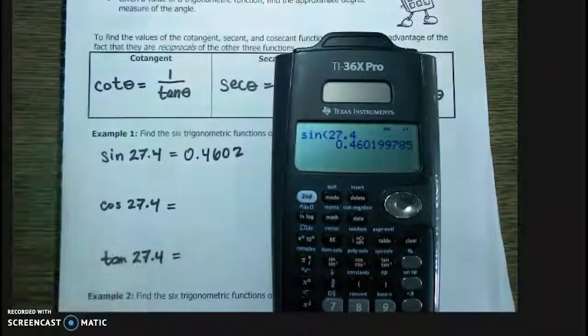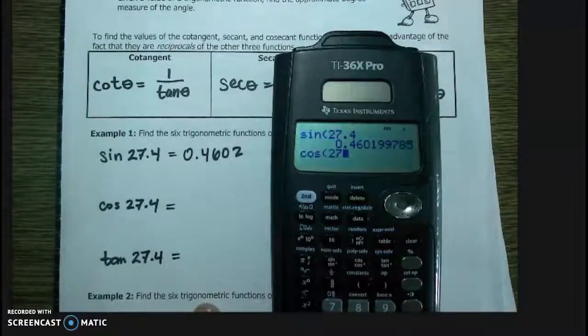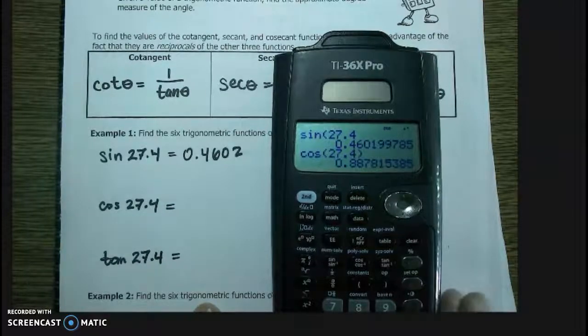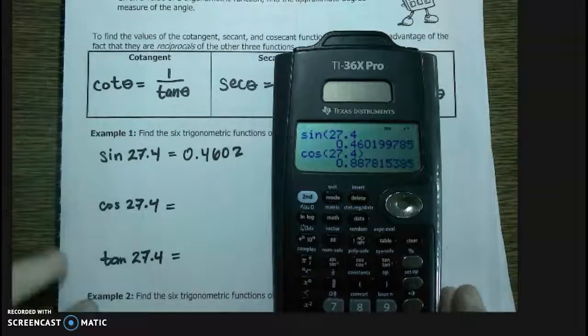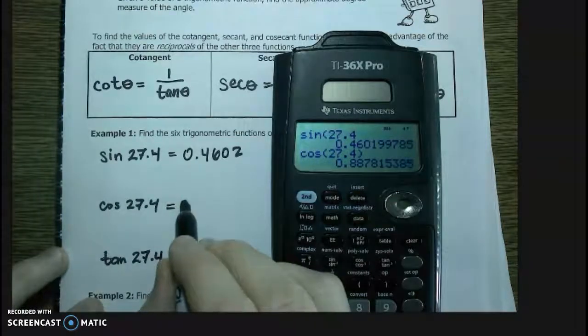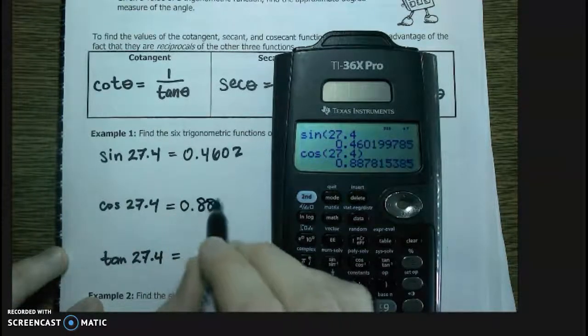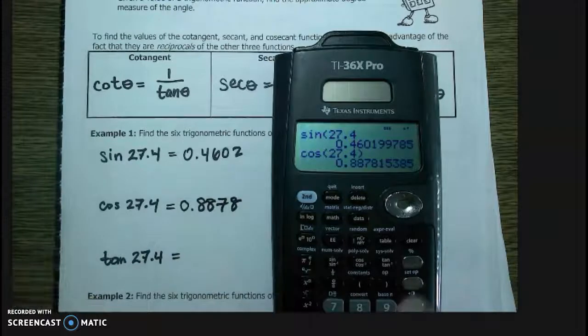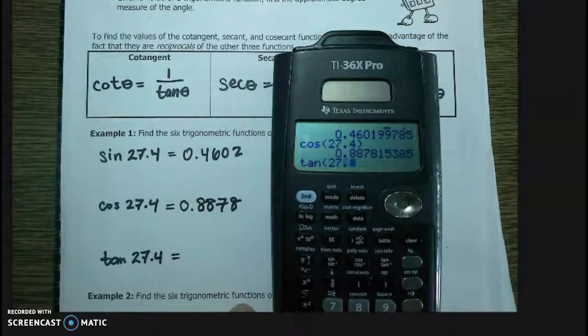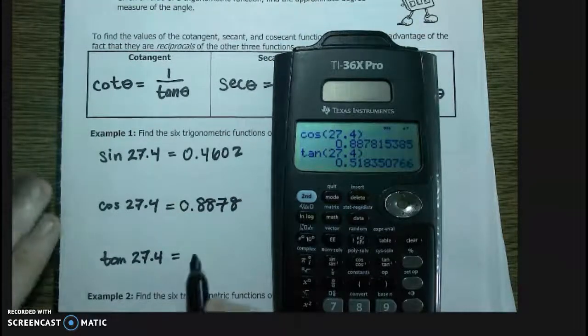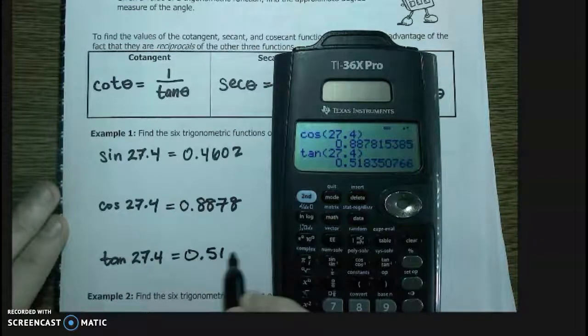Cosine of 27.4 is 0.8878. And tangent of 27.4 is 0.5184.